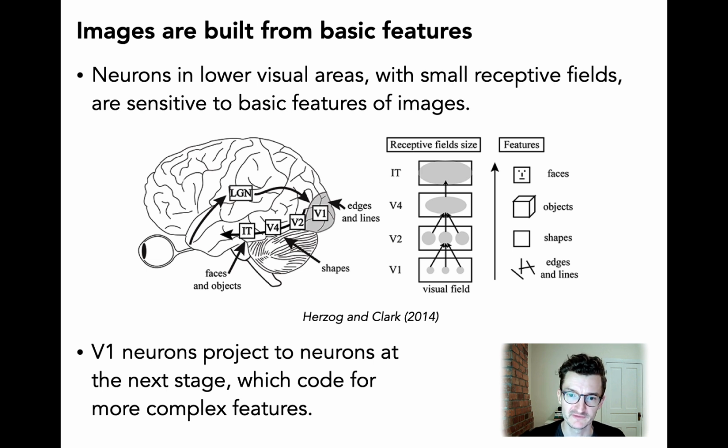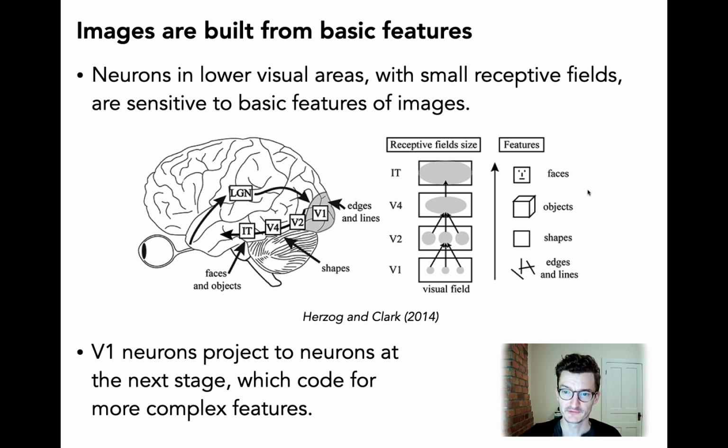But as we move away from V1, so as we move away from primary visual cortex into surrounding cortical areas that respond to visual stimuli, V2 is one area, V4 is another area, area IT is a fourth area, we see that neurons in these areas respond to more complex stimuli. So neurons in V2 respond to shapes, neurons in V4 respond to objects, neurons in area IT respond to complex objects, so for instance faces.